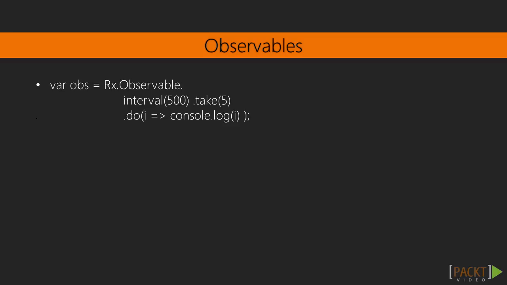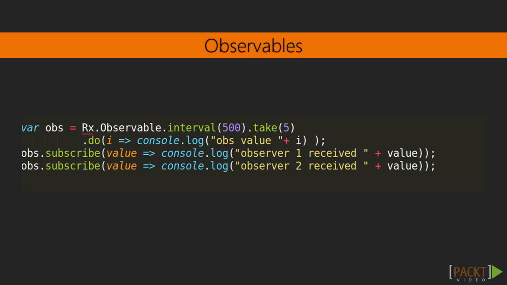Note that you probably want to avoid that do operator, as its only purpose is to provide side effects. If you run this program, you might be surprised by the fact that nothing gets printed to the console. This is because of one of the main properties of this type of observable. Let's run this by subscribing to this observable.